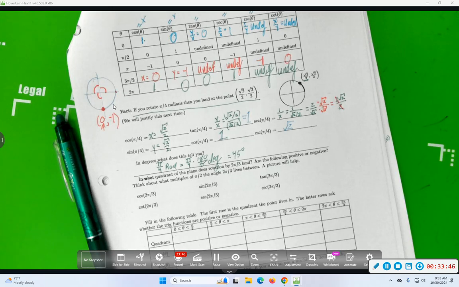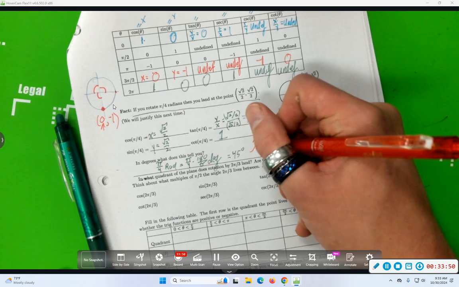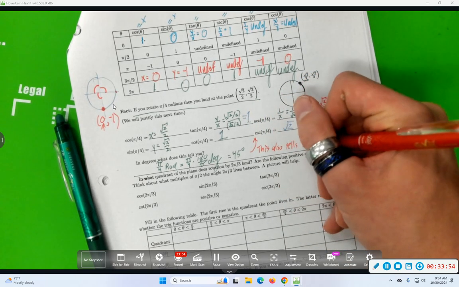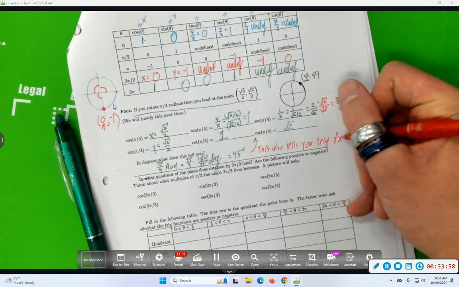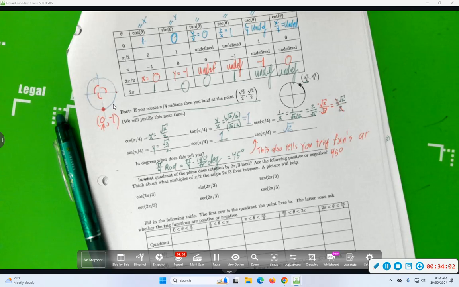So this table also tells you trig functions at 45 degrees. And sometimes you do want to walk in degrees instead of radians. Most of the time in this class I'll want to walk in radians, but there will be occasion.